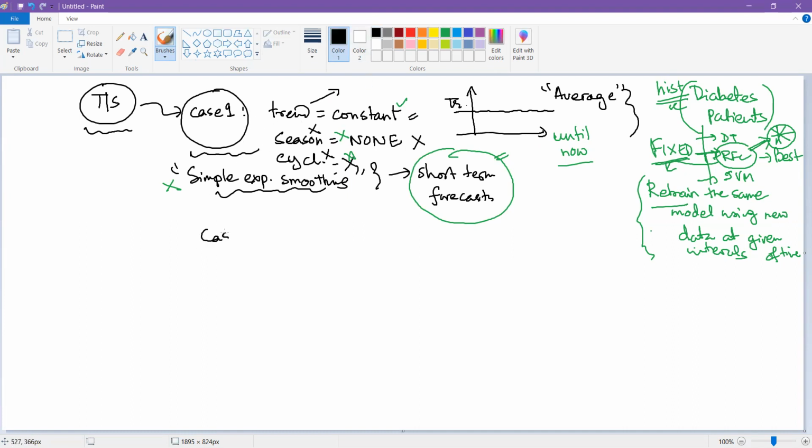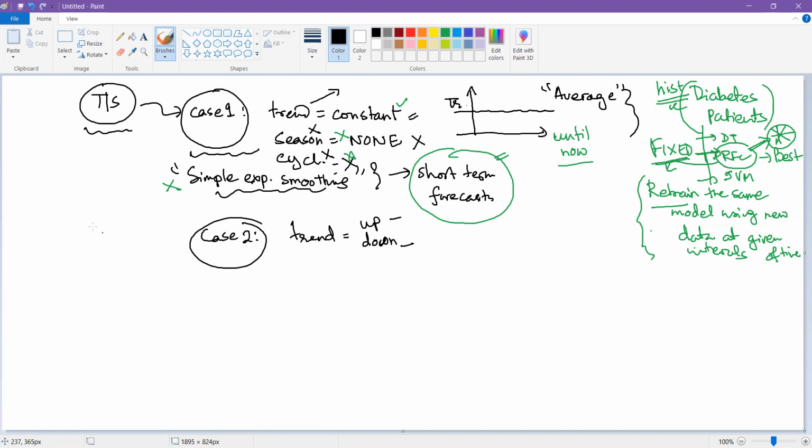What happens if I have case two? Let's say case two is where there is a trend which is either an uptrend or a downtrend. Some kind of trend is there in the data.